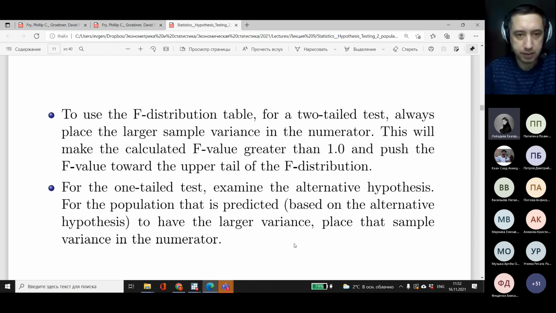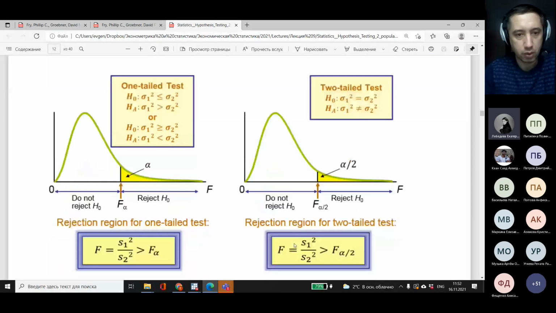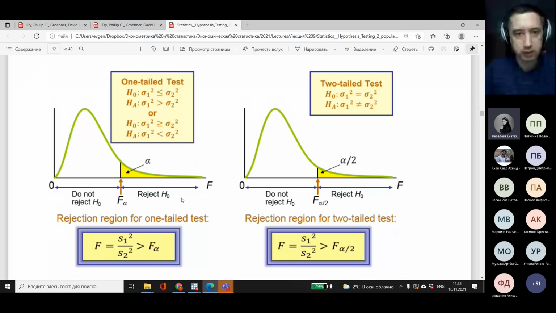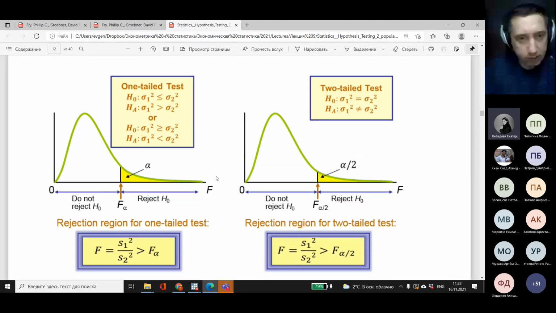So this is about theory, how it works. It's easier to run the test when you draw a picture. We have two possible situations: one-tailed test and two-tailed test. The one-tailed test is clear, I hope, because we have to find out whether our variance is greater than a certain number or smaller than a certain number, depending on the alternative hypothesis.